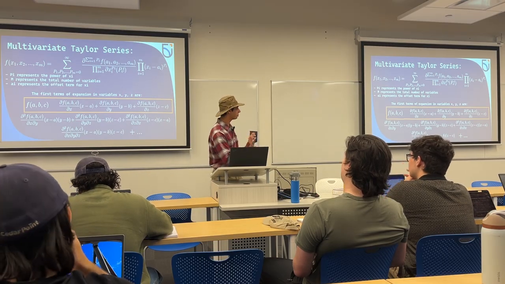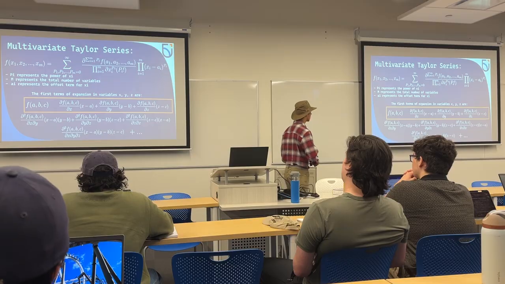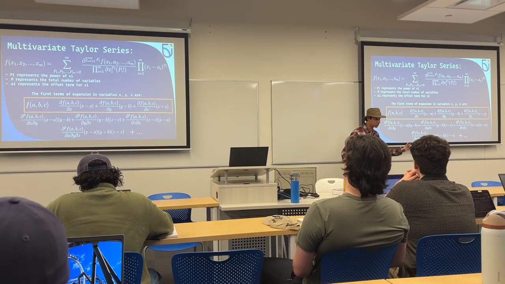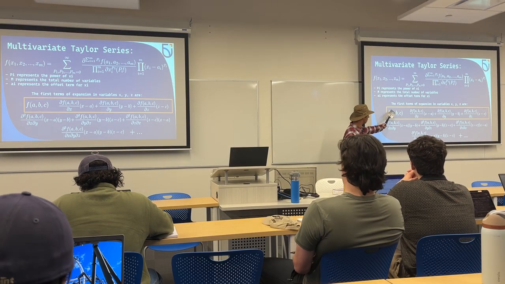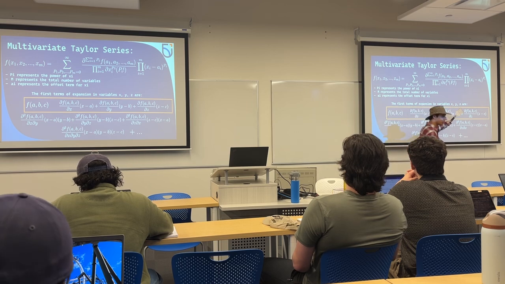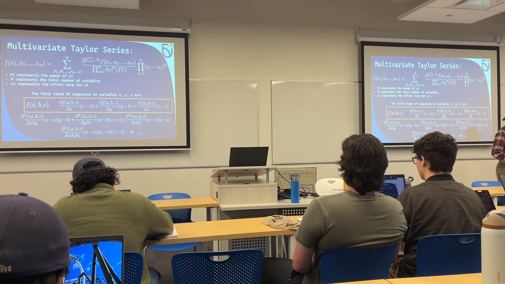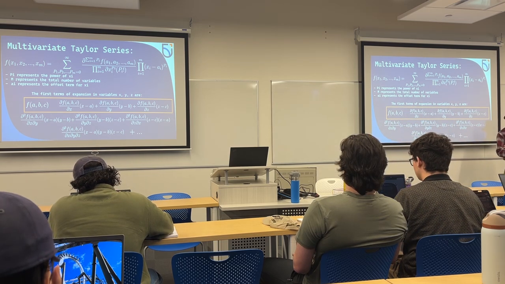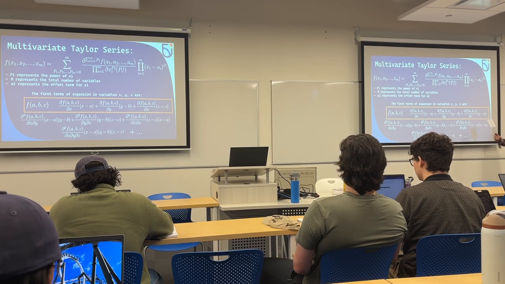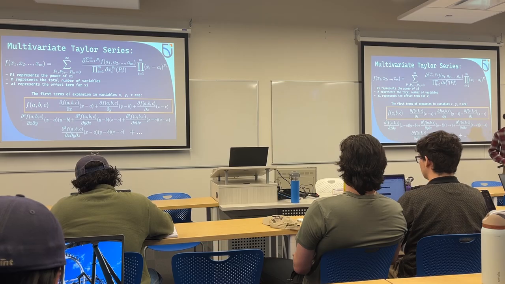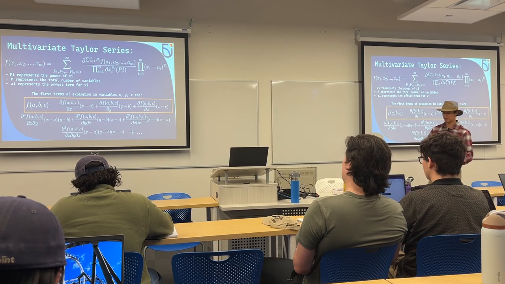But what I want you to really take away from this is, one, it exists. Two, these are the first terms in the expansion for 3 variables. Of course, you can generalize it, but that would just make typing this out in LaTeX infinitely harder and longer. And I don't have infinite time, unfortunately.